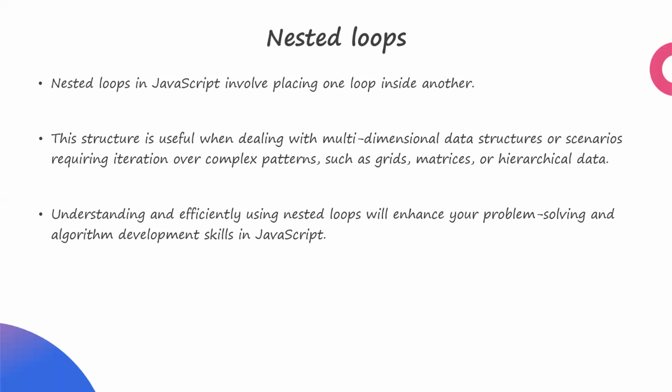I can really remember where I used these nested loops when I was working with the combo courses on this platform. If you know how to use it efficiently, it will enhance your problem solving and algorithm development skills. As problem solvers, the more skills you have, the better and more efficiently you tackle problems, and the more efficient solutions you provide. So you need to have a lot of these skills and know how to use them.